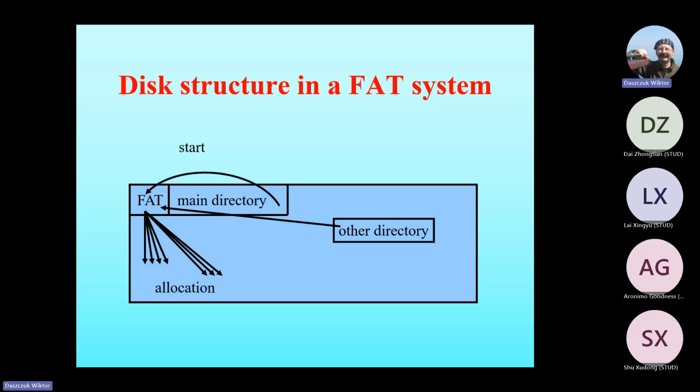It's prepared for the future, but not used. Again, this decision was not clever, because if the beginning of the disk is corrupted, both copies of FAT disappear.